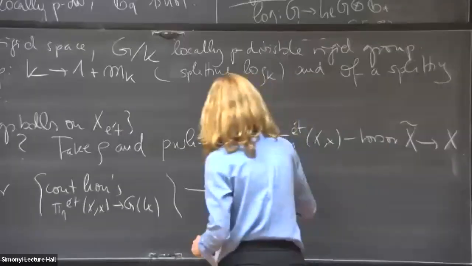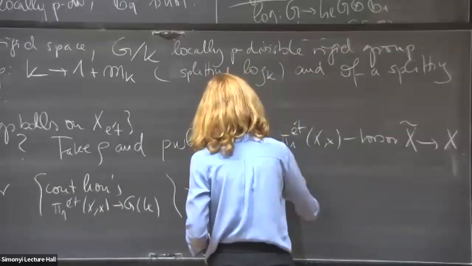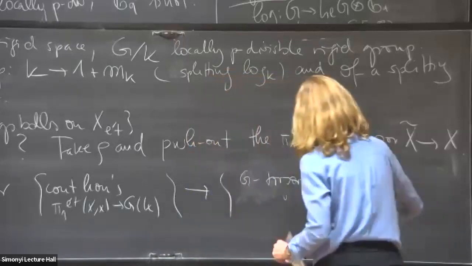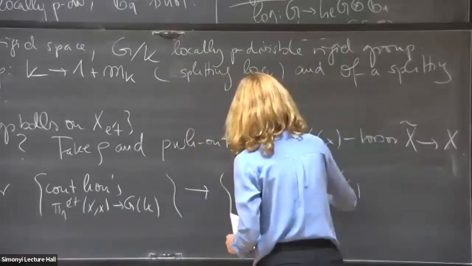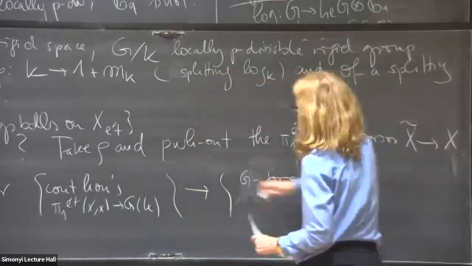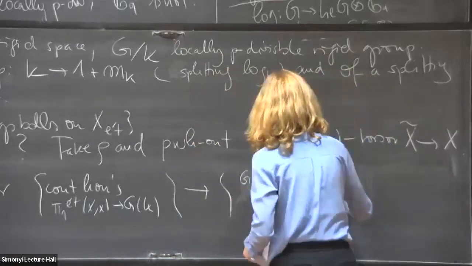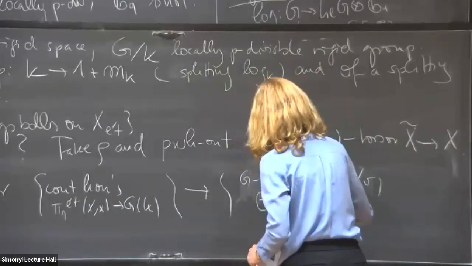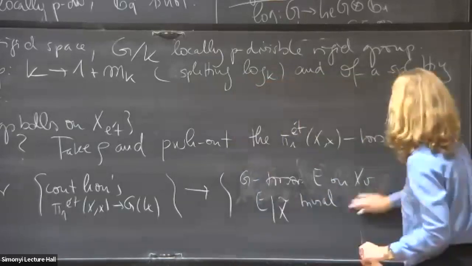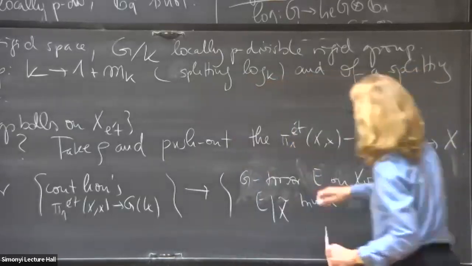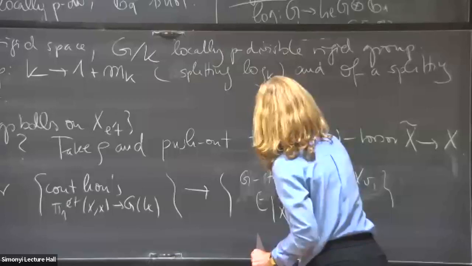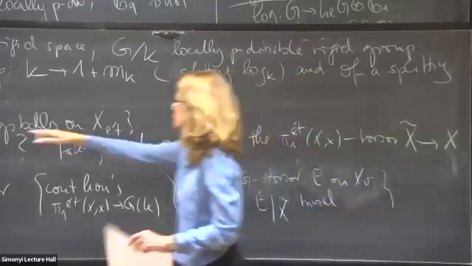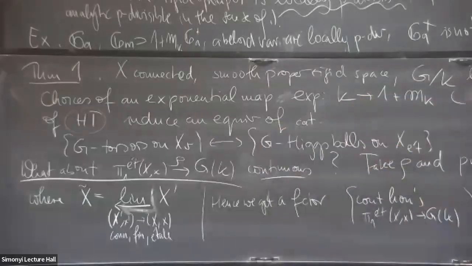I will just go to the G-torsors on the v-topology, and precisely we will land in G-torsors which are trivial after pull back to the X tilde. This is, of course, a condition. I mean, if you push out, you will get something trivial when you pull back. And hence we can go here to the right-hand side, and the question is triviality on the universal profinite étale cover. What does that mean here for this one?